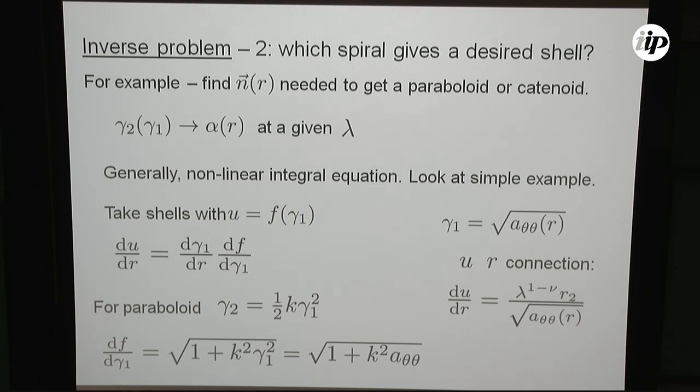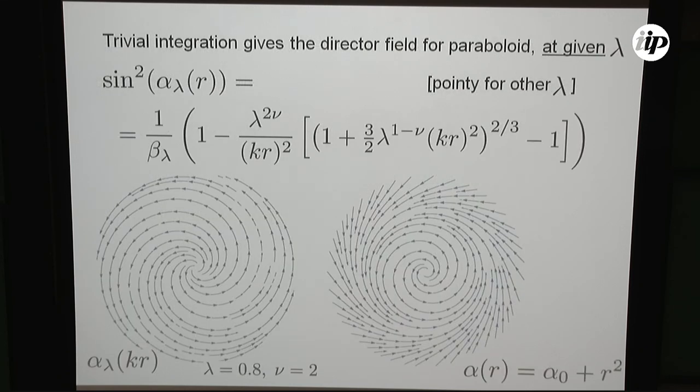So df by d gamma 1 is just root of 1 plus k squared e theta theta, because gamma 1 is just root a theta theta. And I know what a theta theta is in terms of alpha, and so this will be a differential equation for alpha. So I can solve that for a paraboloid, and the answer is this.